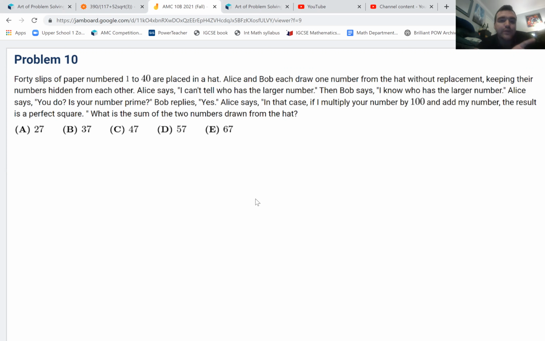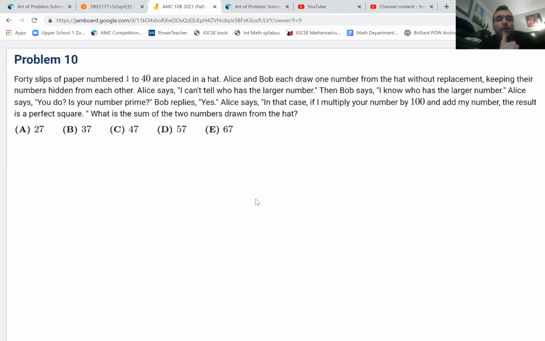Or since he knows Alice doesn't have 1 or 40, he might have 2 or 39, right? Because if he has 2, he knows Alice doesn't have 1, so therefore he knows Alice's number is bigger than his. If he has 39, he knows Alice doesn't have 40, so therefore he knows his number is bigger than Alice's.